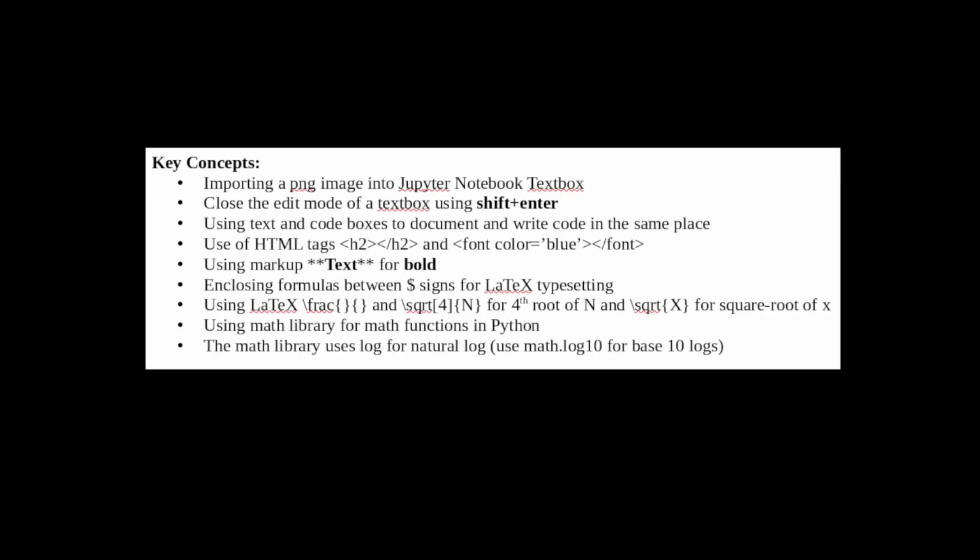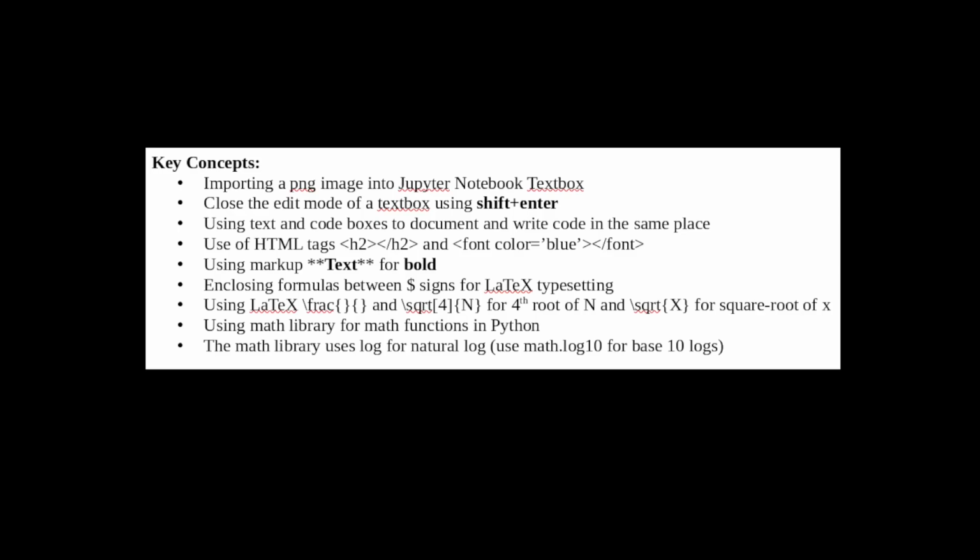The key takeaways from this exercise were, first, we saw how to import a PNG image into a Jupyter Notebook text box. I also showed you how to close the edit mode of the text box using Shift Enter or by pressing the Close Editor button.